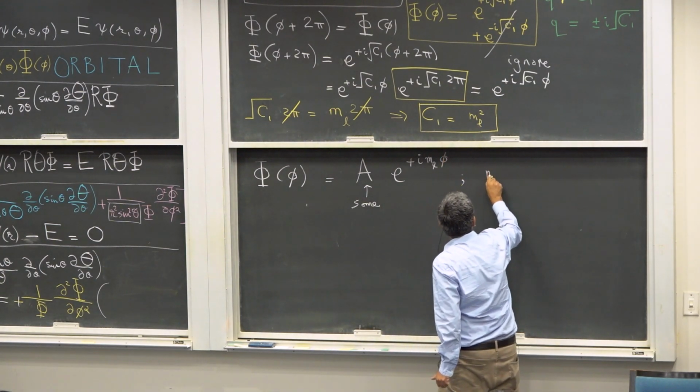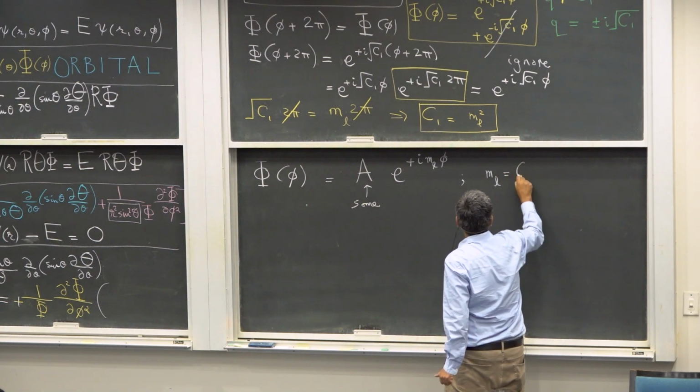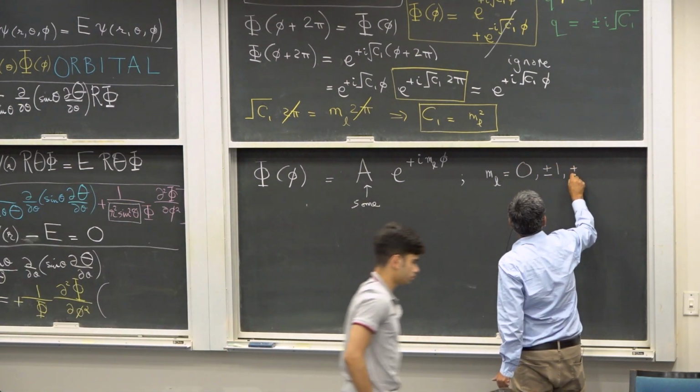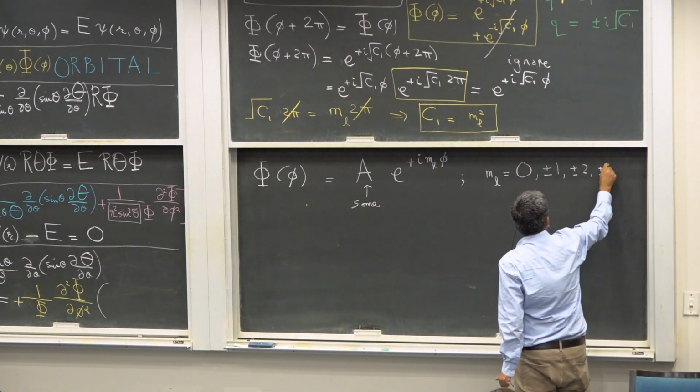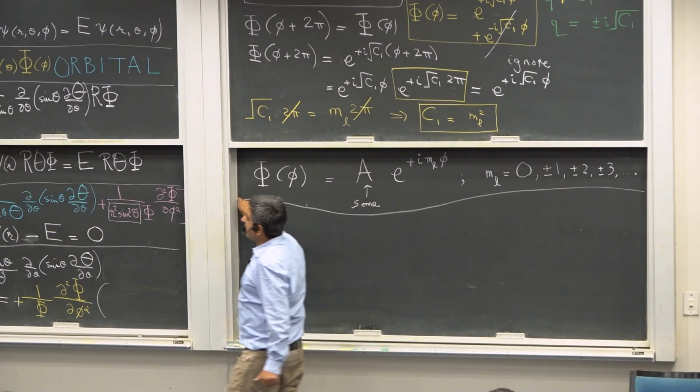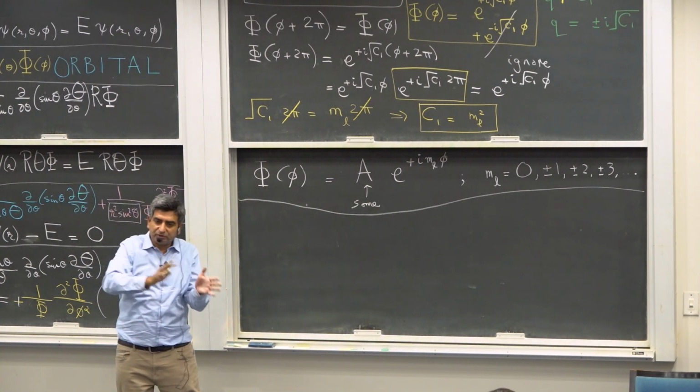And this ml is an integer. It could be 0, plus 1, minus 1, plus 2, and so on. So now what I've done is I have solved the azimuthal part of the wave function.